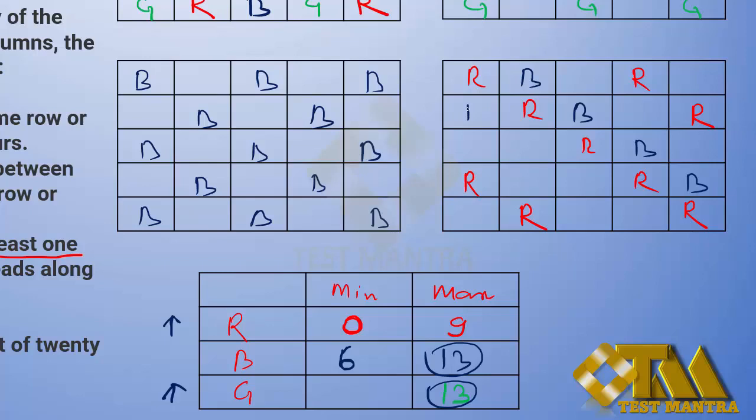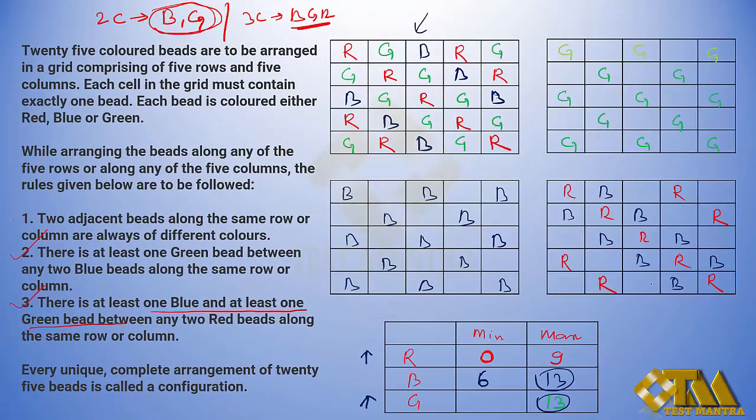Then I'll put some blues here. I have to check whether it satisfies the criteria or not. Now the problem in this case is, if I take this condition, there will be some rules which will be violated here. So I'll put one blue at this point, one blue at this point.